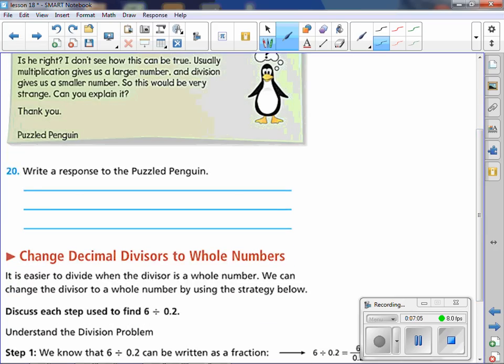When you multiply by a decimal, it does give a smaller number.